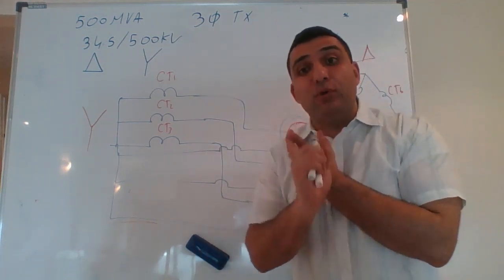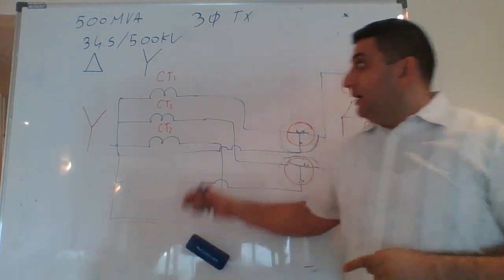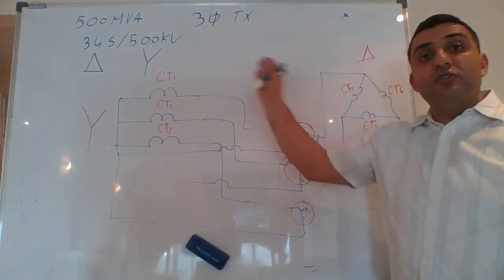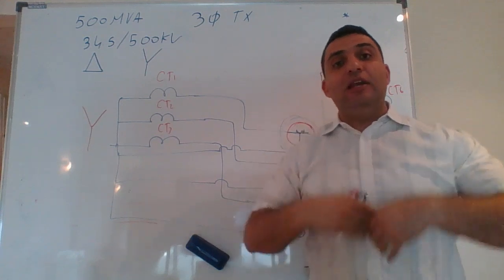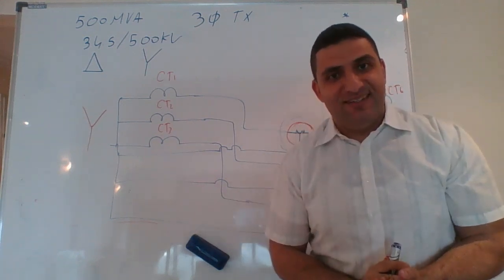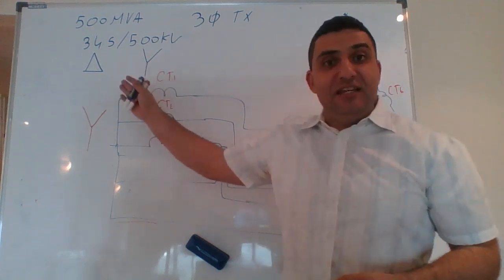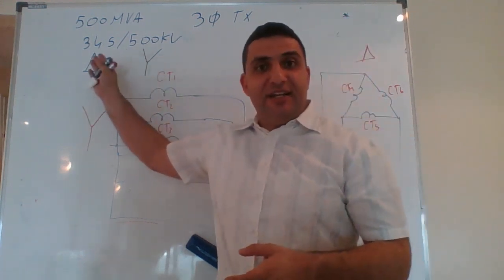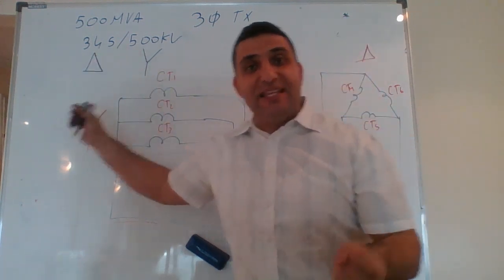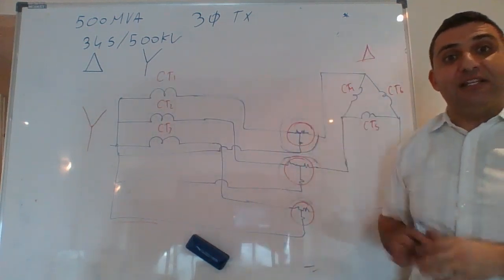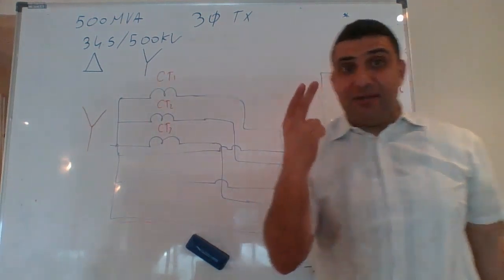The second important element is, because of delta Y, because of this 30-degree shift, I need to eliminate this 30-degree shift. How do I do this? The CT on the delta side, I connect it into Y. The CT on the Y side, I connect it into delta. That's the second important element.